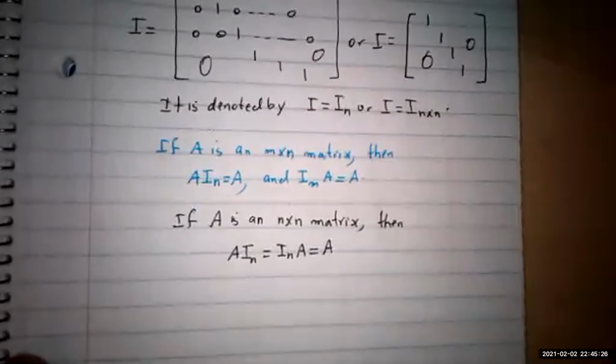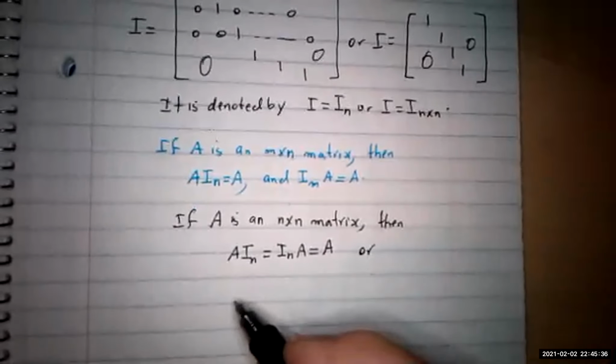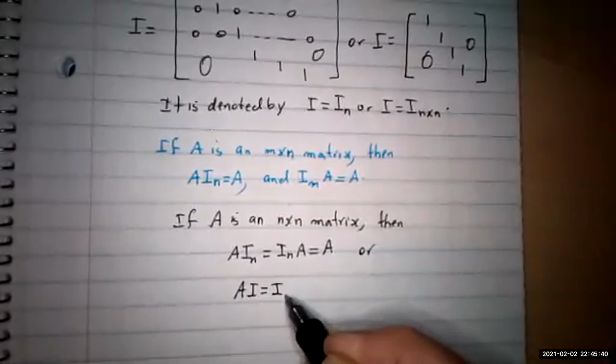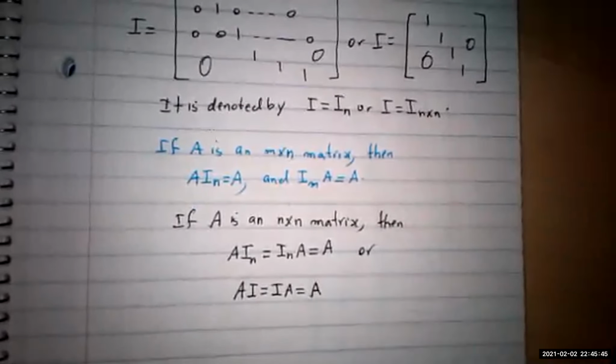So that will emphasize the fact that A times I is equal to I times A, and the result is A. So what we did, we introduced something like 1 in the case of the multiplication.